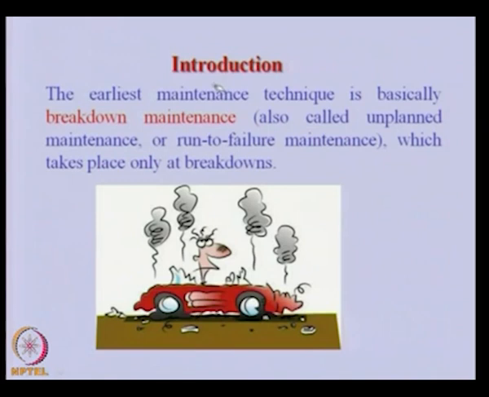So, earlier the maintenance technique was basically breakdown maintenance, also called unplanned maintenance or run to failure maintenance, which takes place only at breakdowns. So, when the machine fails, then you call for the maintenance. That is called breakdown maintenance.